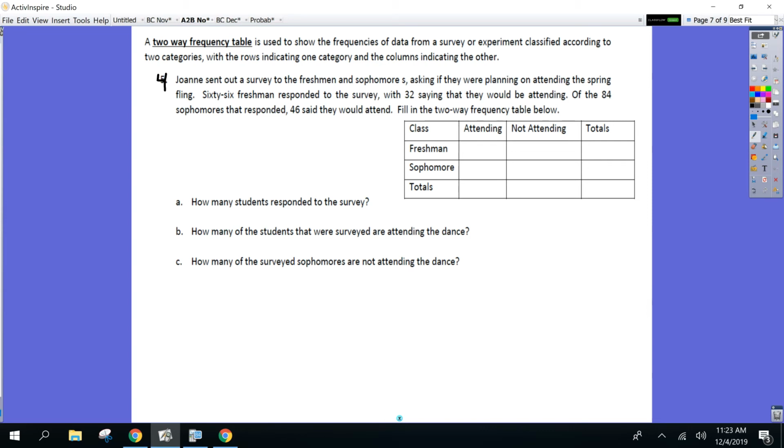All right, so now you fill out your own two-way table, based on the info I give you. So here we go. Good old Joanne, she's a go-getter. She wanted to know who's attending the spring fling. 66 freshmen responded. Where do I put the 66? Total. Well, I got a lot of totals here, guys.